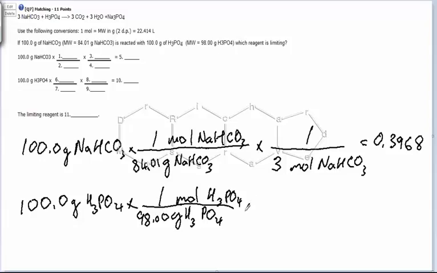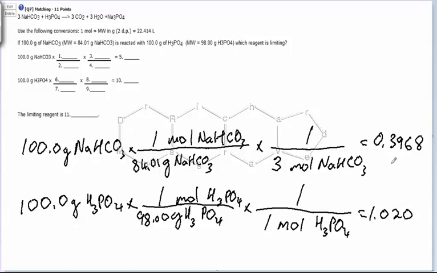We get that from up here. So times 1 and then a line, and we're going to divide this by the number of moles in the reaction, which is 1 mole of H3PO4. This gives us 1.020 as our mole ratio. Now since this one has the smaller mole ratio, that means that the NaHCO3 is going to be the limiting reagent here.